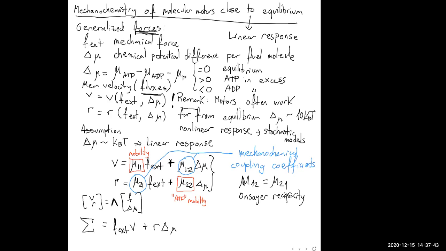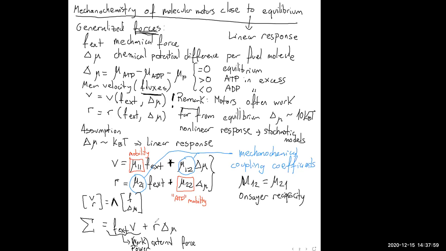So this is the work from the external force. In reality, it's the power, because it's per unit time.